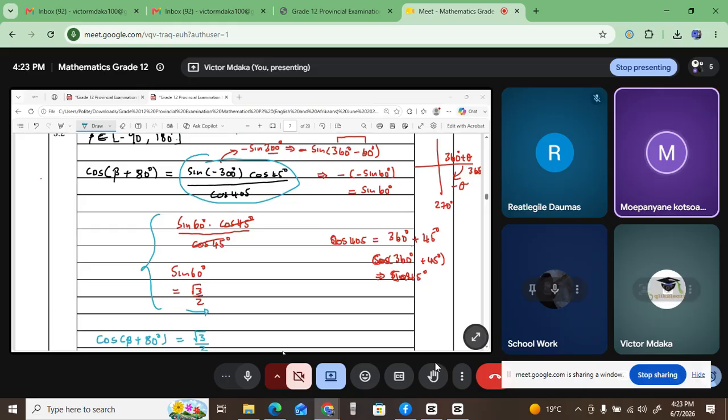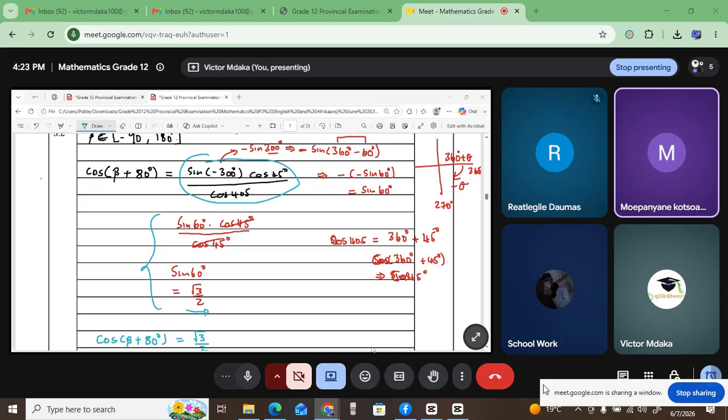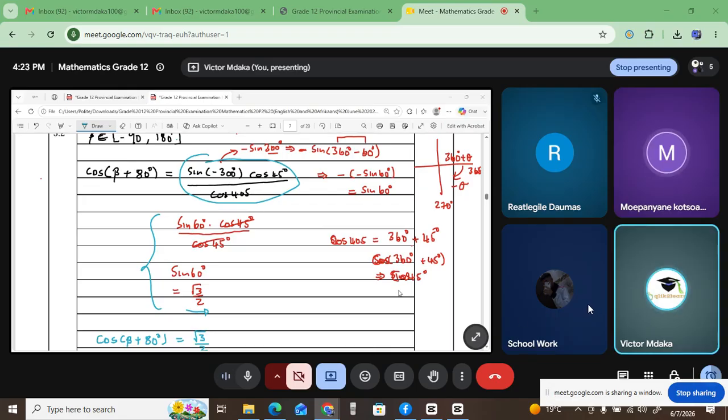I'm thinking we should transpose the 80. Okay, and then transpose the 80. How can we transpose the 80 while it is closed inside those brackets? Yuhan, do you have a plan? You did this thing in grade 10. Do you have a plan?